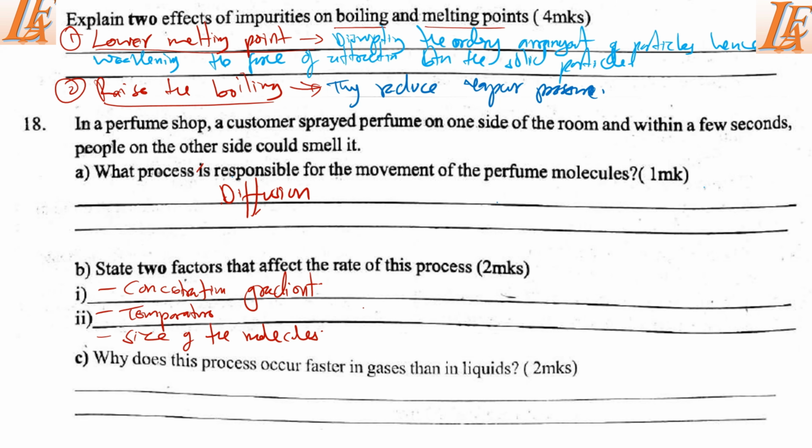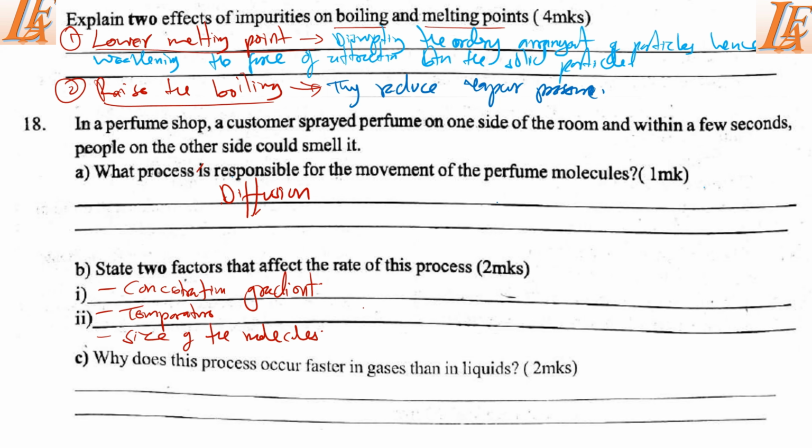Then another question, why does diffusion occur faster in gases but slowly in liquids? Let's look at the structure of liquids and gases. Gases are made up of particles which are very far away from each other and are in random motion, while liquids are made of particles which, of course, are in random motion, but are relatively close to each other.